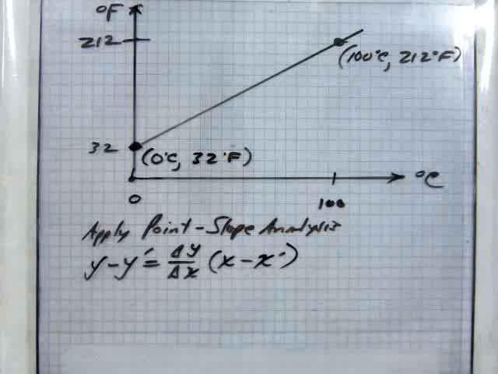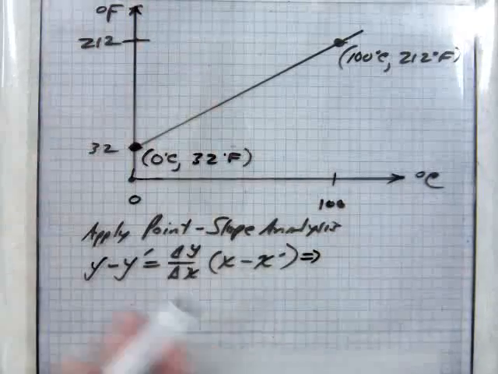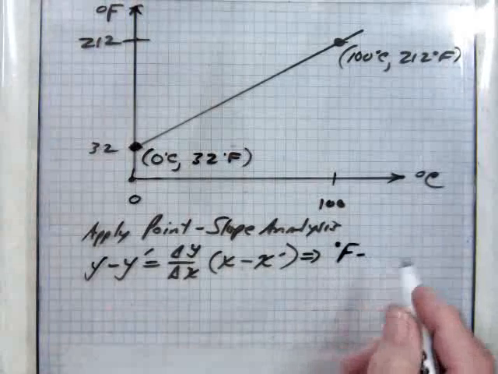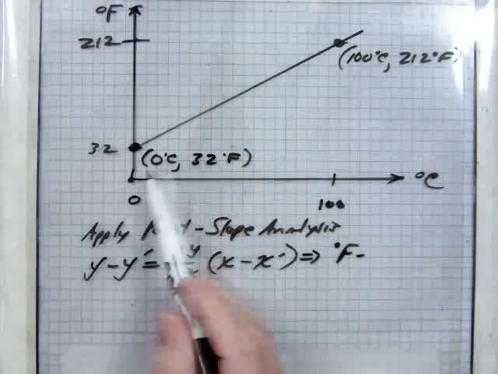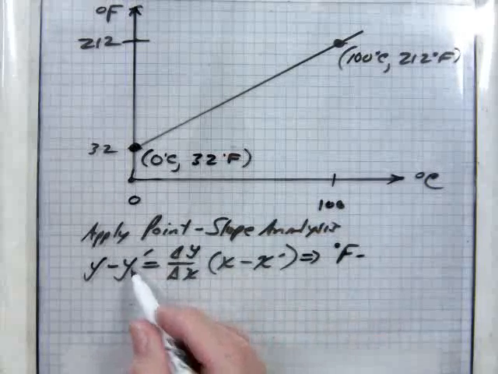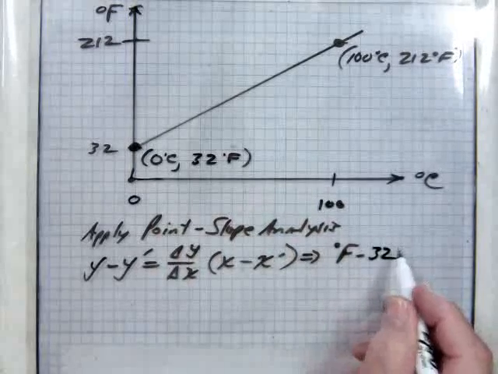That's the formula you should have learned in algebra class on point slope analysis. When we translate this into Celsius and Fahrenheit, we have degrees Fahrenheit minus whatever you choose in here. I'm going to use the freezing point, 32 degrees Fahrenheit.